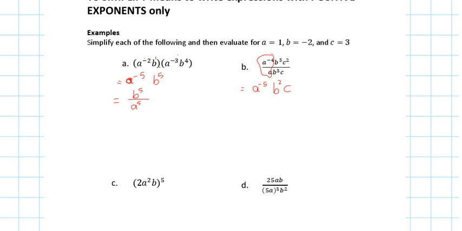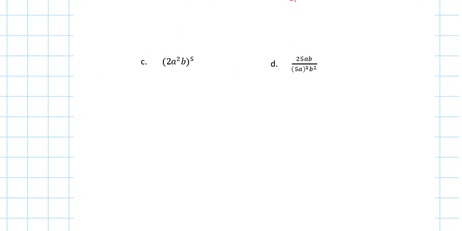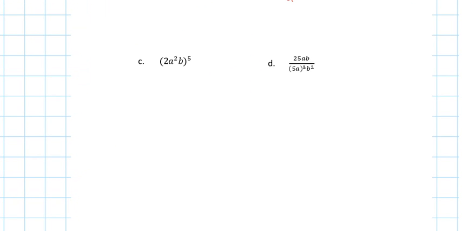So it becomes b squared c over a^5. Now, at the end, you're going to have to plug in the values. We'll do that later.